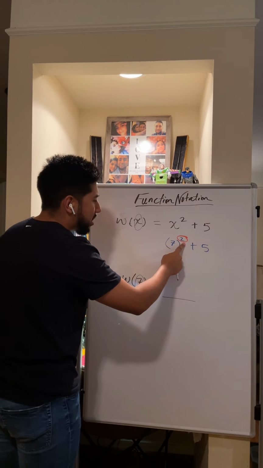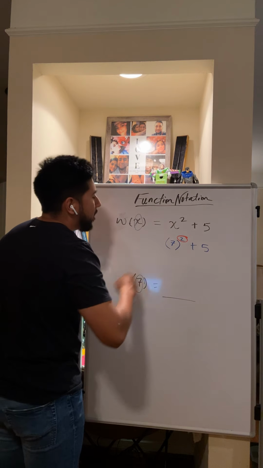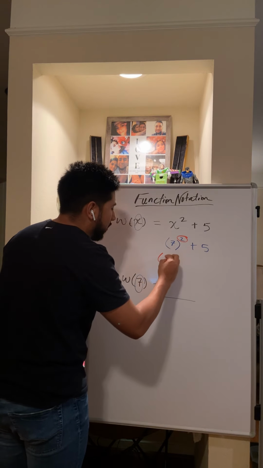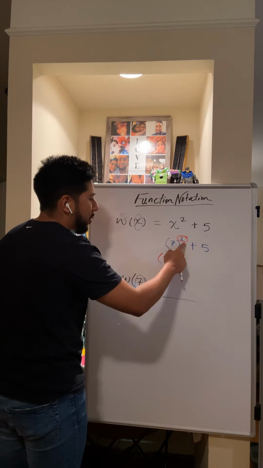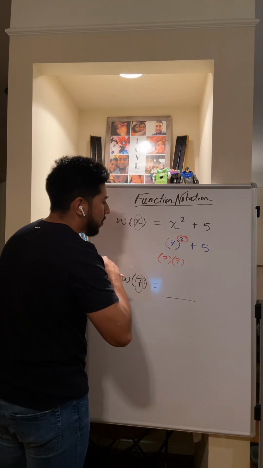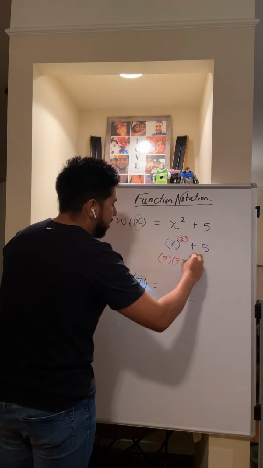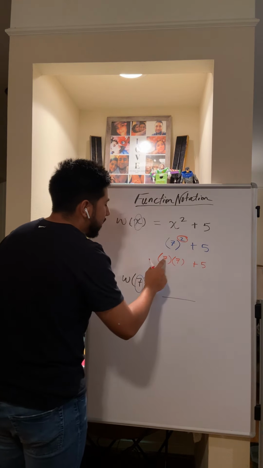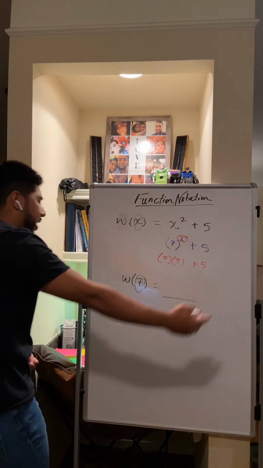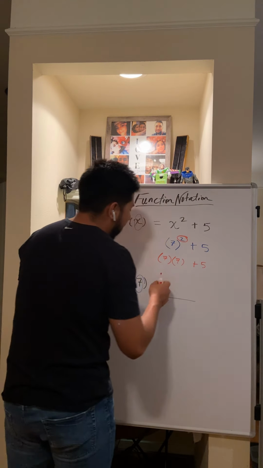It's basically just telling you, hey, see that guy on the inside? It's 7 times 7. It's saying repeat it twice and multiply it. And then we just bring down this plus 5. 7 times 7. Hopefully you know your times table. If not, look it up. Everybody should have a Chromebook.